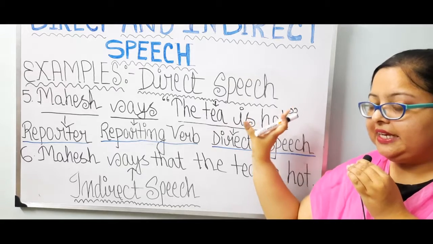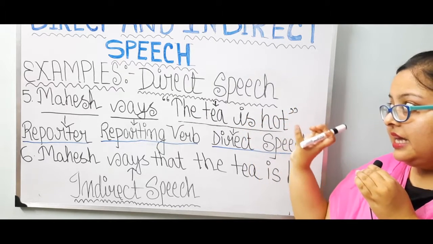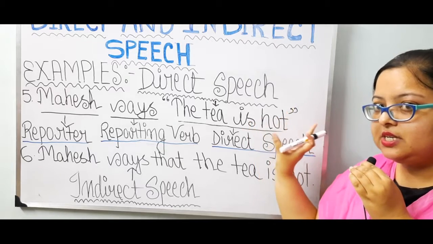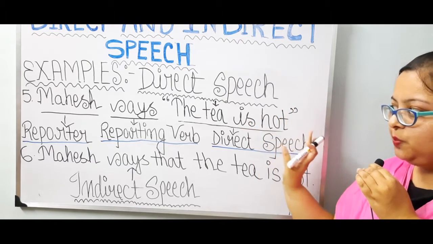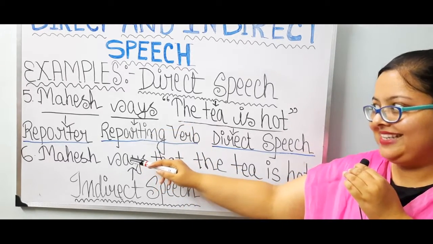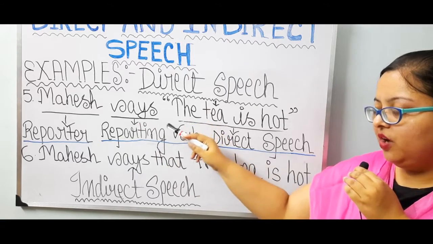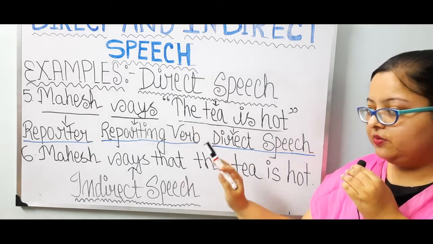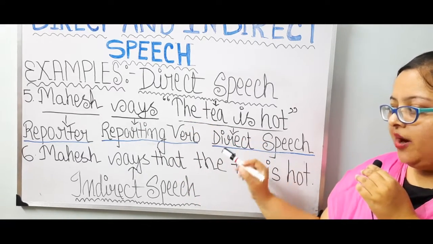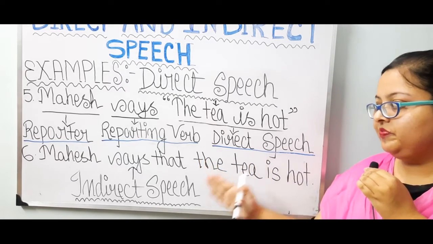Whatever is within the inverted commas is the direct speech which is getting changed. Now, Mahesh, the reporter, remains the same. Next, the reporting verb also remains the same. Now, according to the rule, you have to put a word in this place.